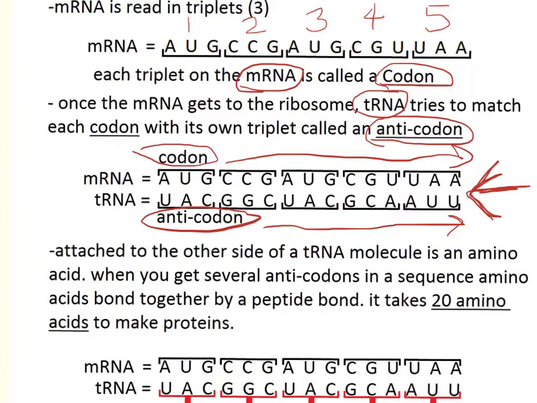Let me go through it again. This is a codon, AUG, so then its anticodon is going to be UAC, because that's what's going to pair up with that triplet. And then it just keeps going. CCG is going to pair with GGC. We're going to be doing a lot of practice for this particular thing over the next day or two.